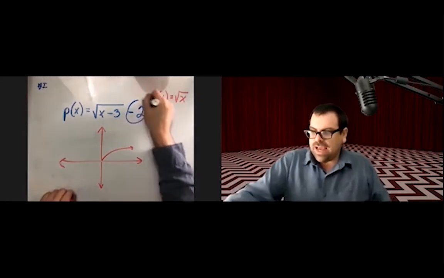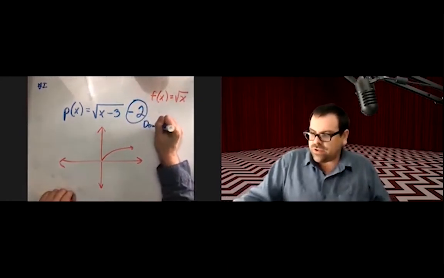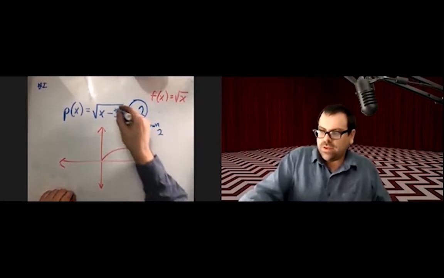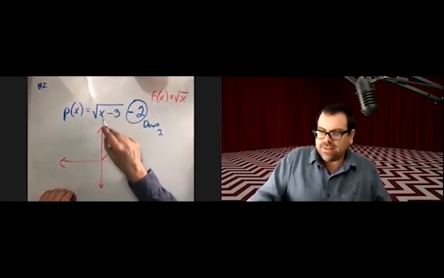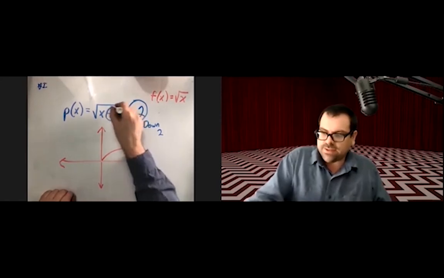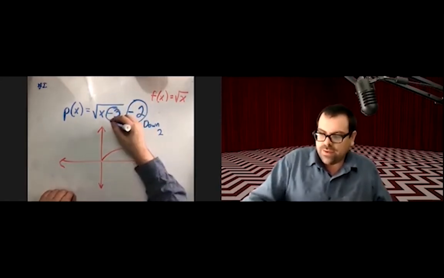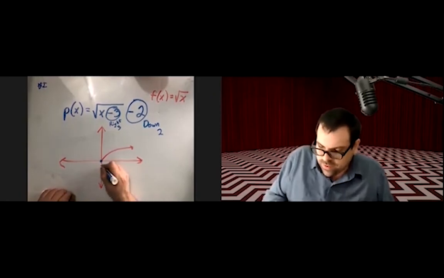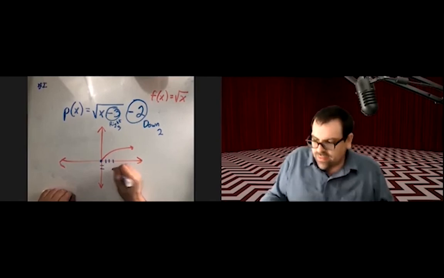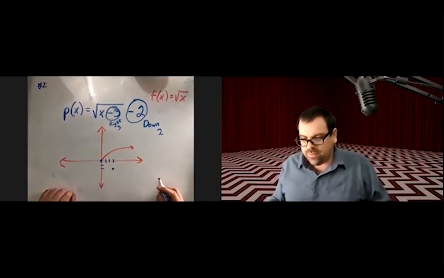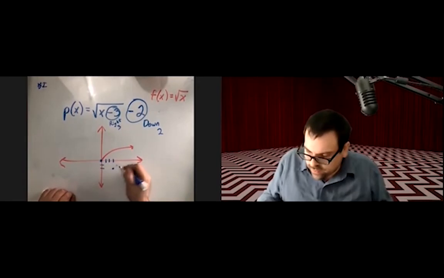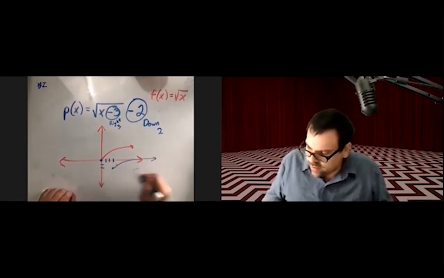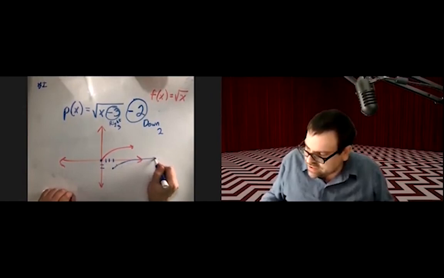This minus 2 on the outside, that's telling us to go down 2. This minus 3 on the inside that's just subtracted from the x, that's telling us to go right 3. So from the starting point, we go down 2, we go right 1, 2, 3, and there's our new starting point. Then up 1 over 1, and then all the same countovers as the parent graph.